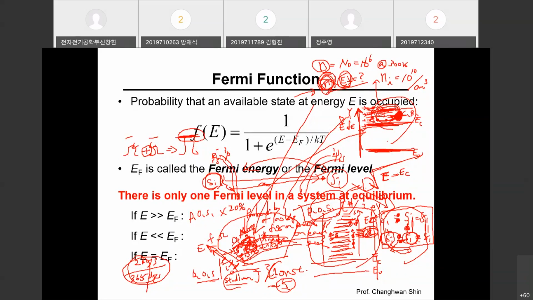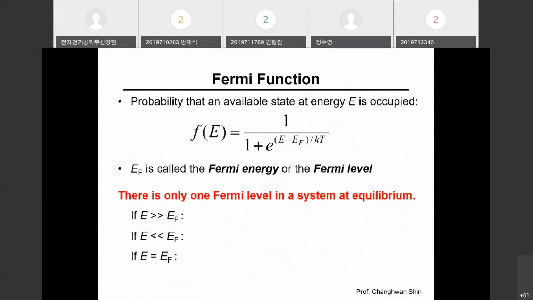Fermi built his own function, named the Fermi function. This Fermi function gives us the probability at each energy state. So here is the Fermi function.